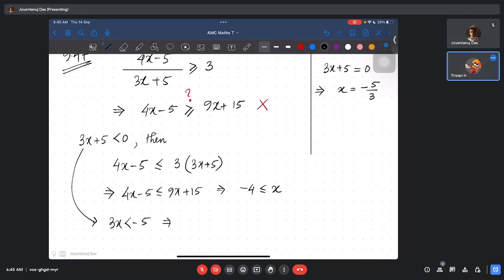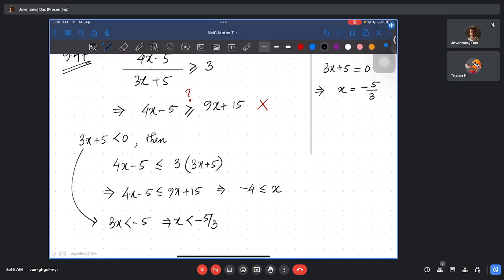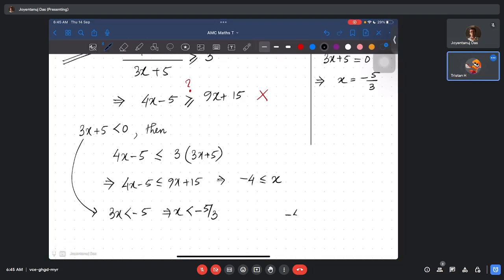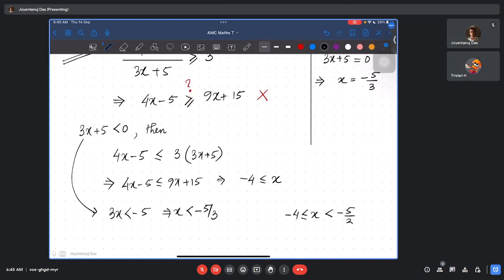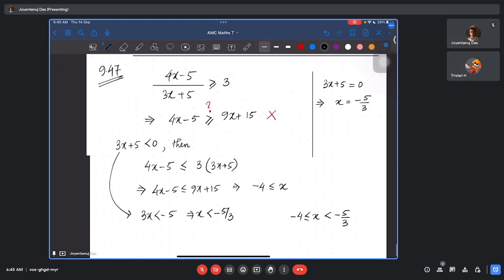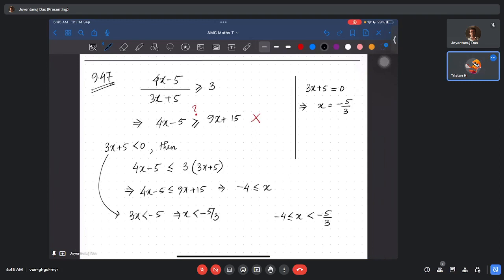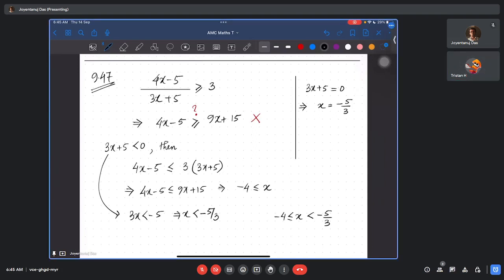So up to that point this can give the condition, and it will lie in this range. Okay, I see. And if it is positive, so if 3x plus 5 is greater than 0, then what happens?